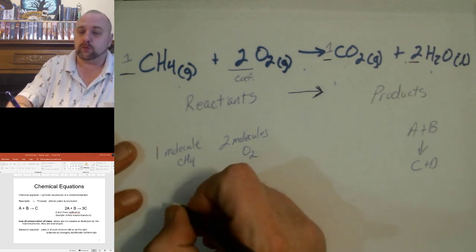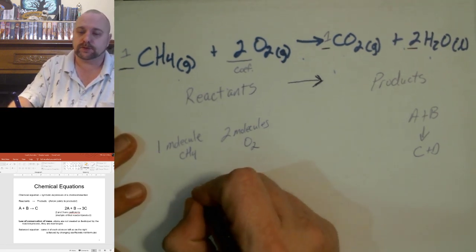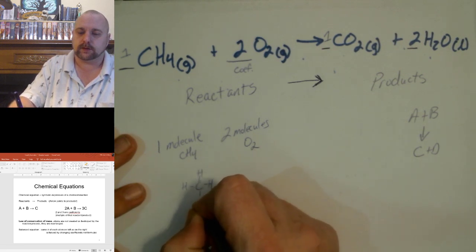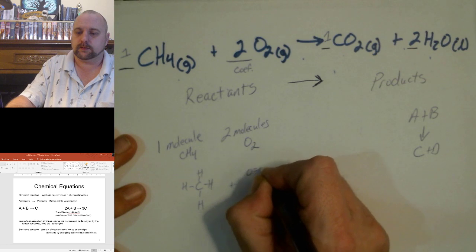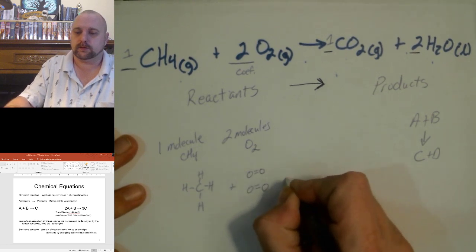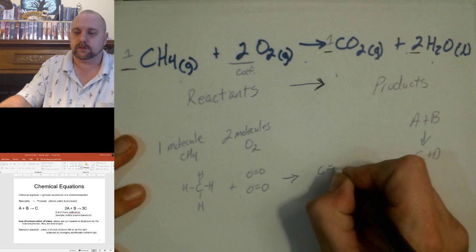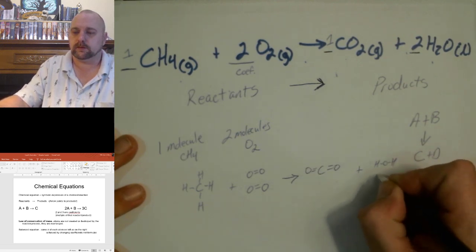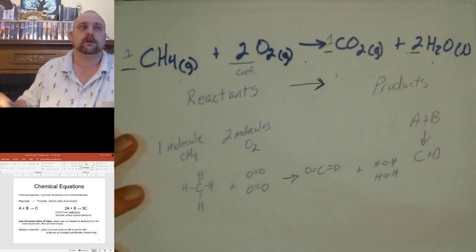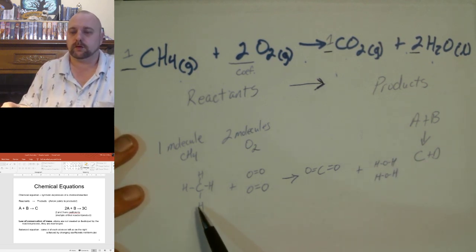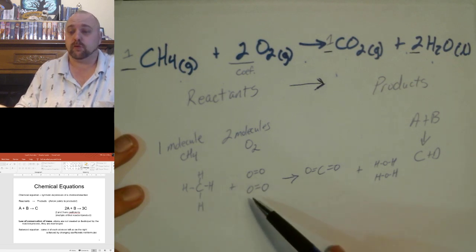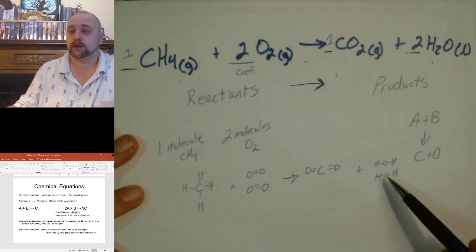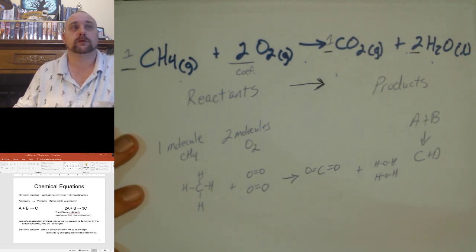If I were to draw it out with the Lewis structures, we could draw it out real fast. So 1 molecule of CH4, 2 molecules of oxygen gas, 1 molecule of carbon dioxide, and 2 molecules of water.